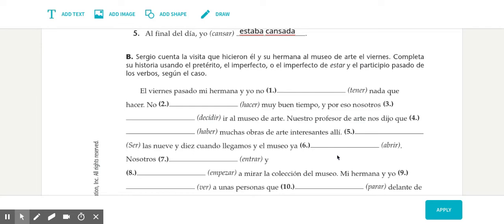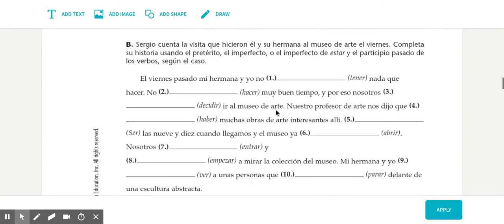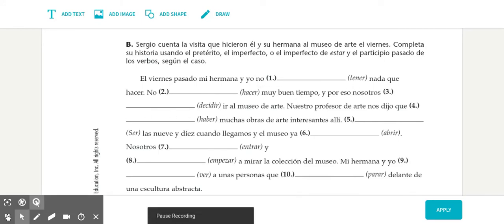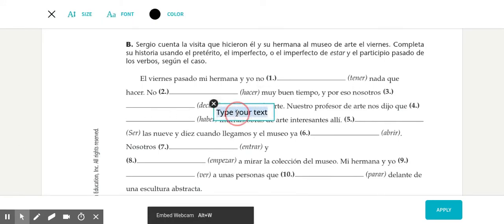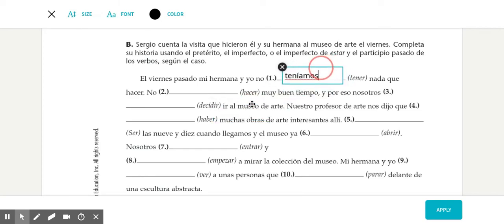So again, this is the same kind of thing. El viernes pasado, last Friday, mi hermana y yo no, and then tener nada que hacer. We didn't have anything to do. So no teníamos nada que hacer. We didn't have anything to do.